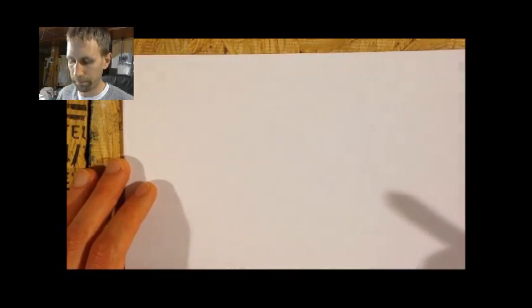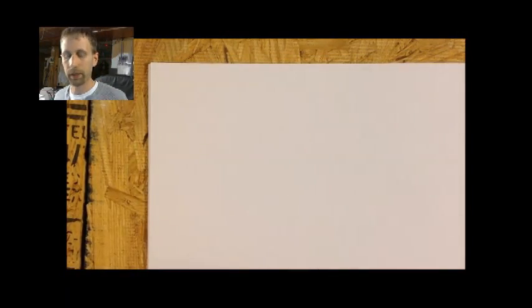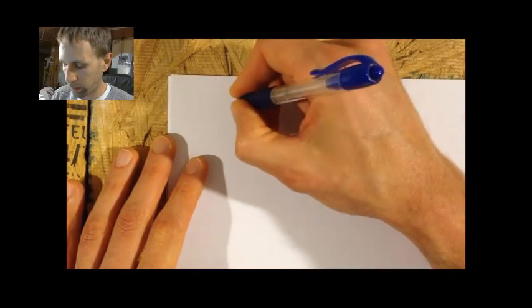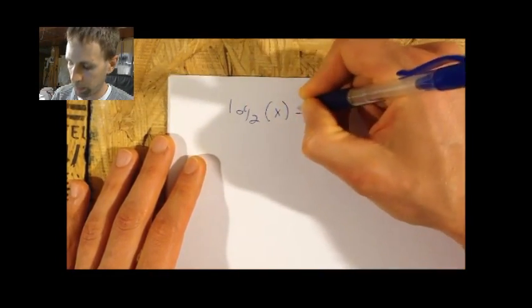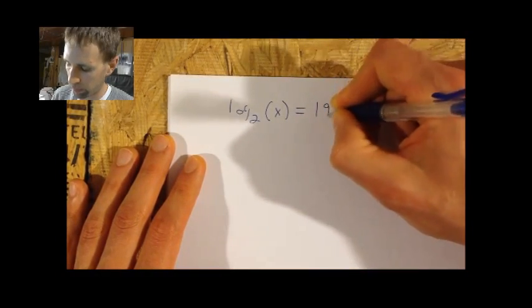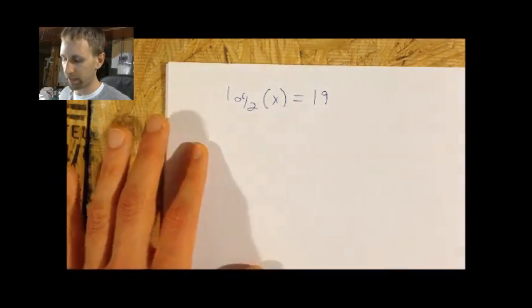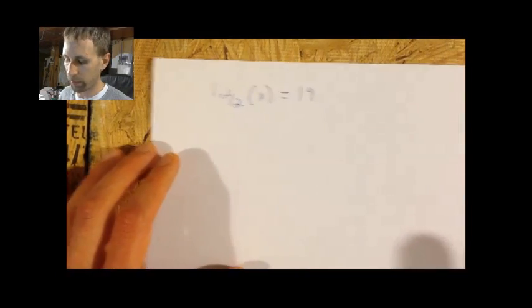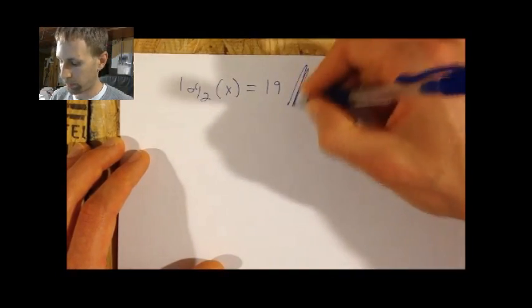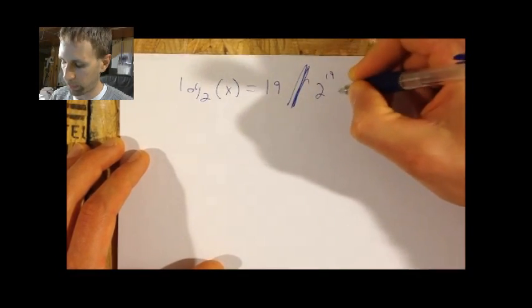Another way of doing that, a different way that I like, is to exponentiate both sides. So if you have log base 2 of x equals 19, and you want to solve for x, instead of rewriting this in exponential form, which I'll just put over on the side here, that's 2 to the 19th equals x.